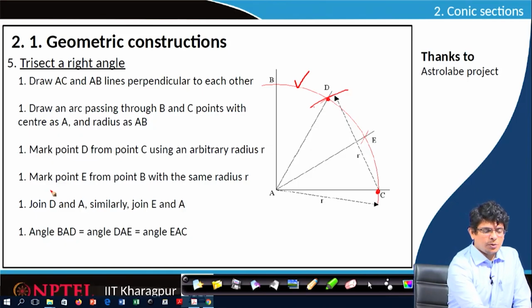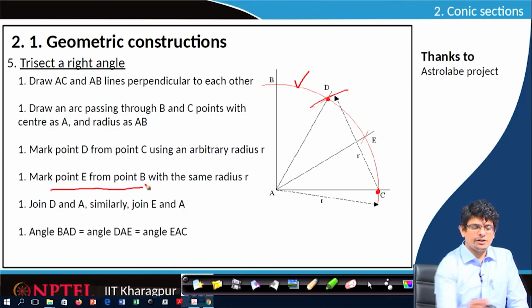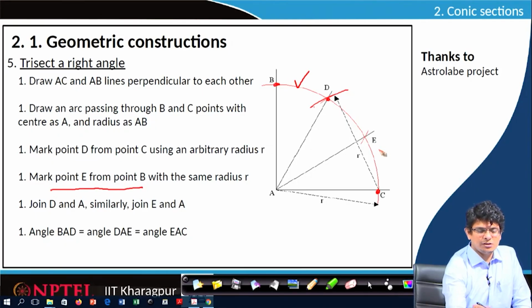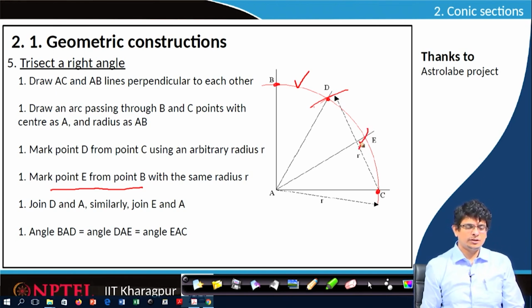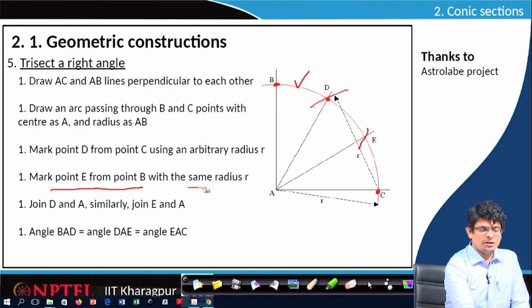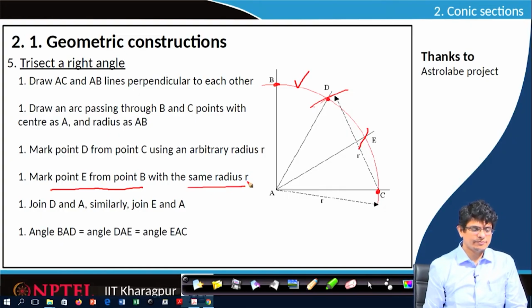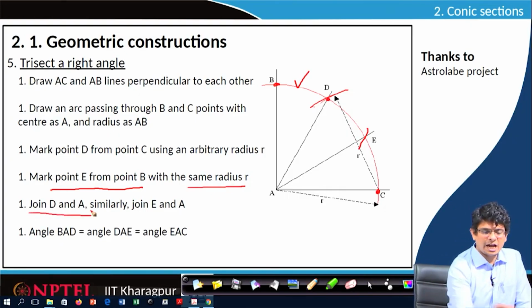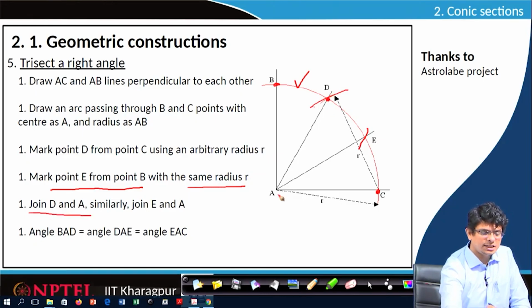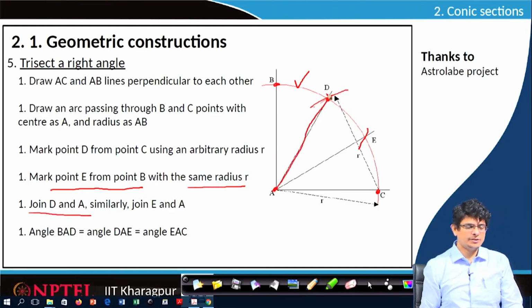Similarly, mark point E from point B, with the same radius. Now, join D and A. So, now D is that, A is that, join that.